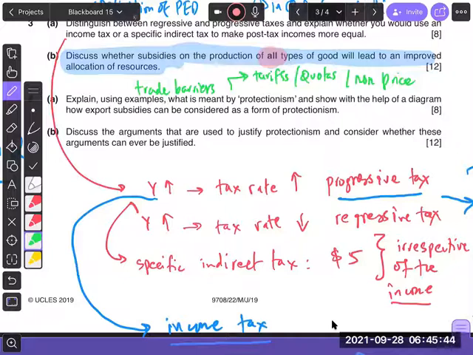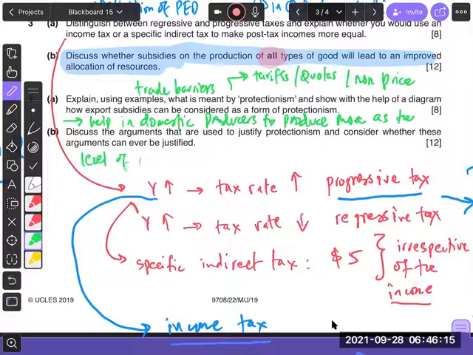The idea is that these trade barriers will make it more difficult for foreign producers to sell, and will help domestic producers to produce more, as the level of imports falls or the level of exports rises. Okay, because export subsidies, how do they work?